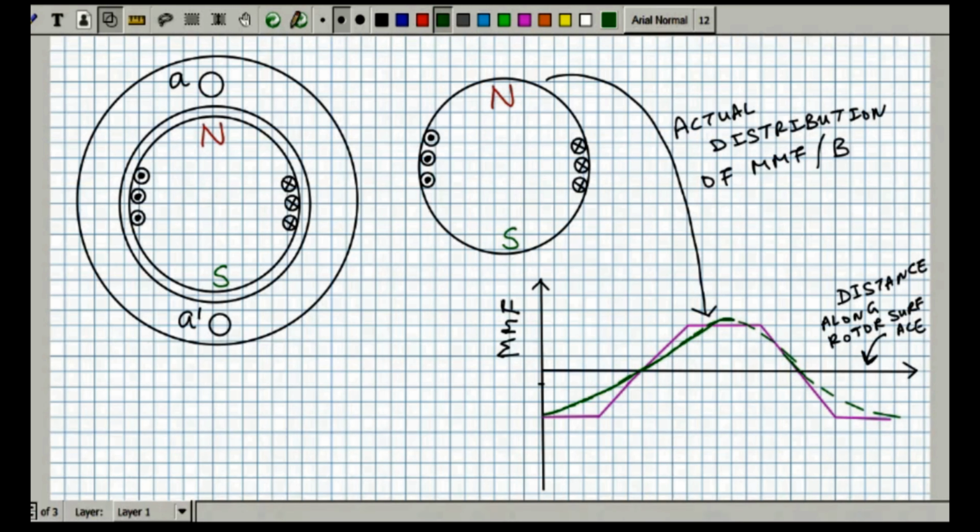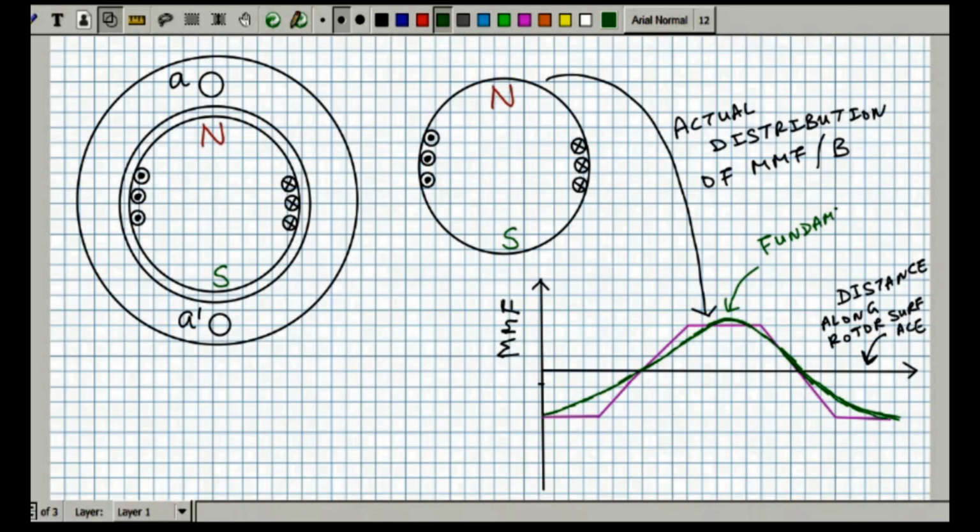Basically the idea of the Fourier series is that we will replace this trapezoidal MMF by a large number of sine waves. I am only indicating one sine wave. This one sine wave is the fundamental component. There will be harmonic components also.